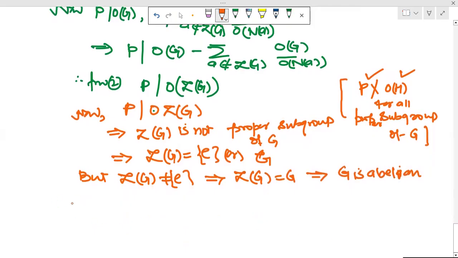So we are getting P divides order of G, and G is finite and abelian.